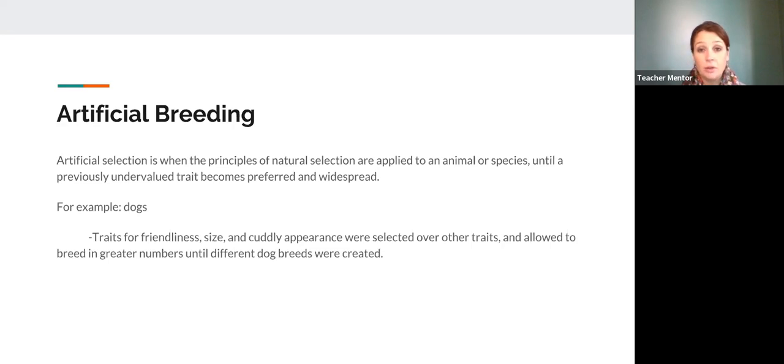Dogs all came from the wolf, but over time, humans wanted dogs that were friendlier. They wanted different sizes. They wanted that cuddly appearance, those teddy bear looking dogs. Those traits were selected over other traits, and then allowed to be reproduced in great numbers to make everyone happy. Here's where we got the different dog breeds. So it's quite interesting.